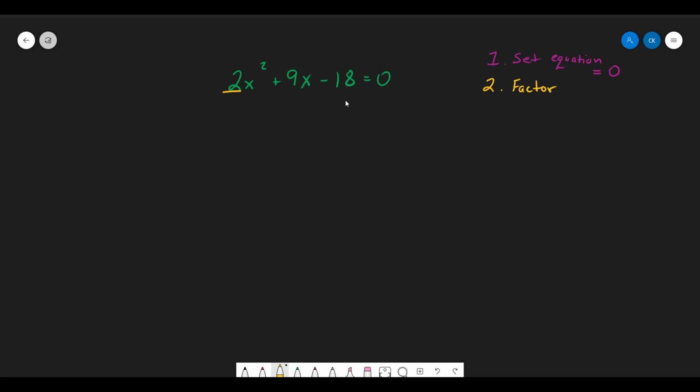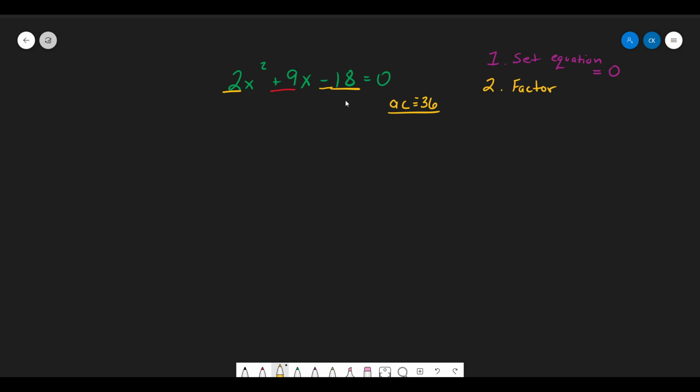Meaning, I look at AC, and AC is 2 times 18, which is 36. So I'm looking for two numbers that multiply to get 36 that will add to get positive 9. And actually, sorry, this should be negative 36 because it's a negative 18. So two numbers that multiply to get negative 36 and add to get positive 9.